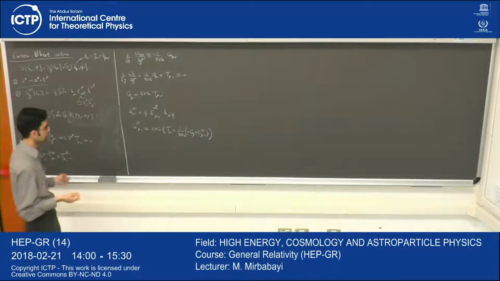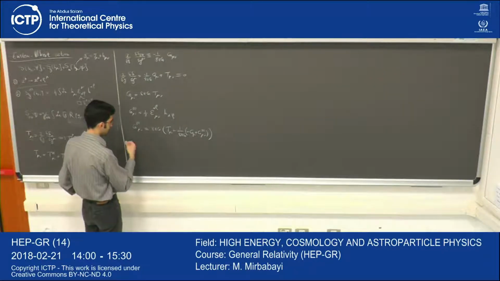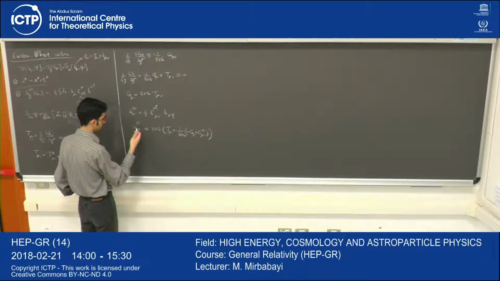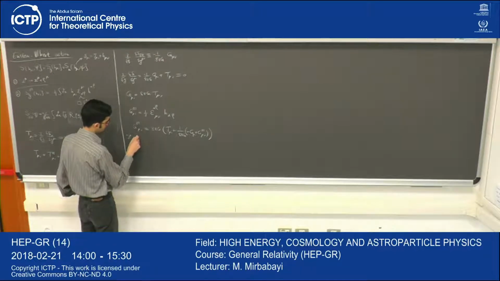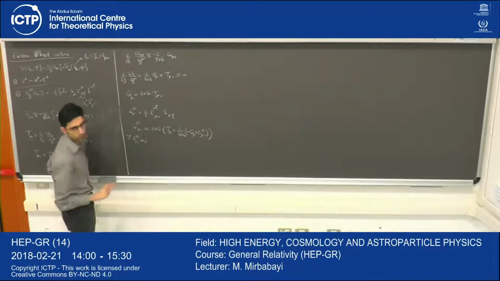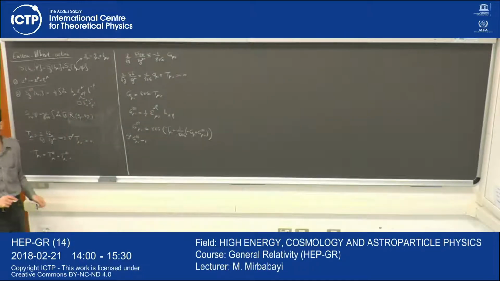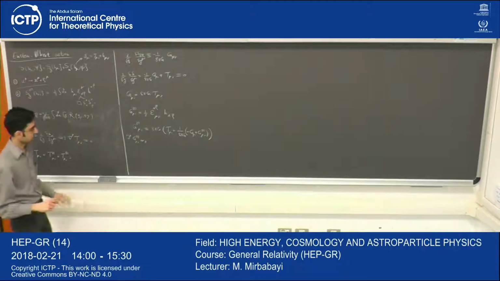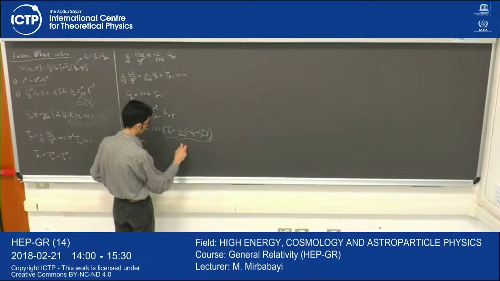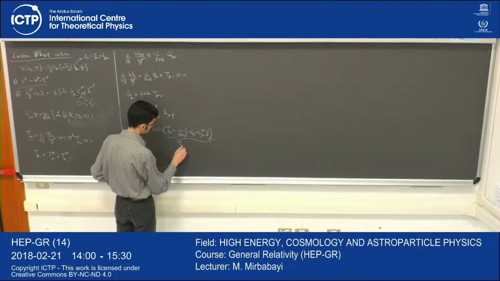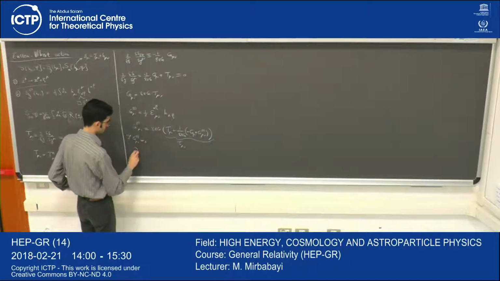And as we showed, the property that it has is that the divergence of G mu nu at first order is equal to 0, because it's the divergence of this operator and it is identically conserved. So this is 0, which means that this object that sits here, let me call it tau mu nu, is also identically conserved.